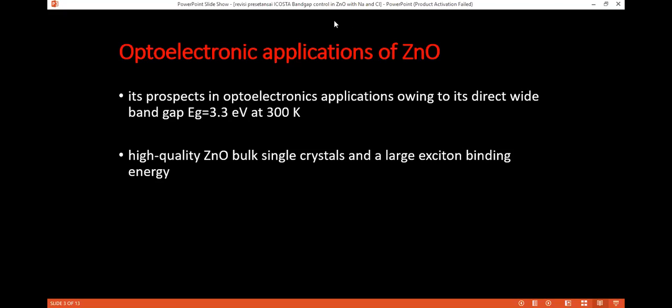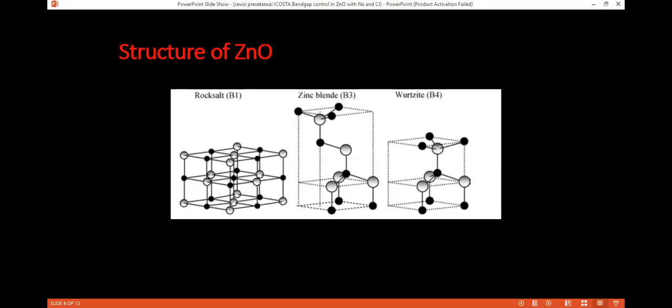We see here that for optoelectronic application, the band gap size is crucial. Then people want to be able to control the band gap. Zinc oxide can exist in three crystal structures: rock salt, zinc blende, and wurtzite.